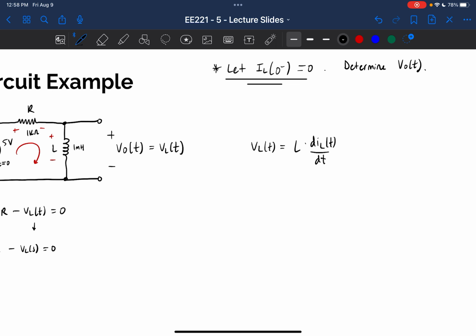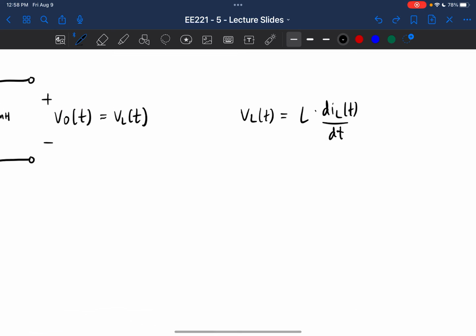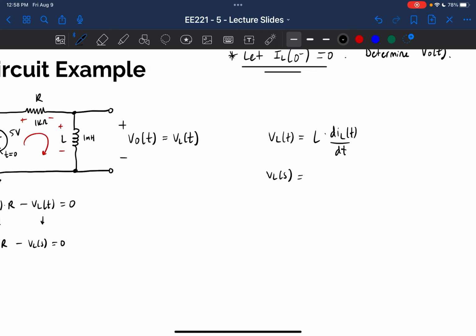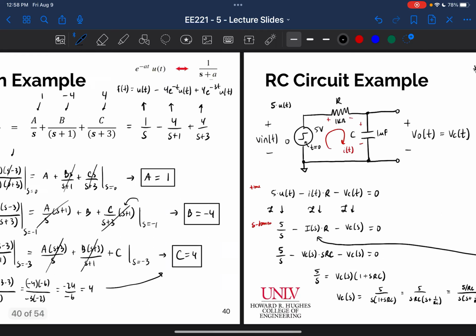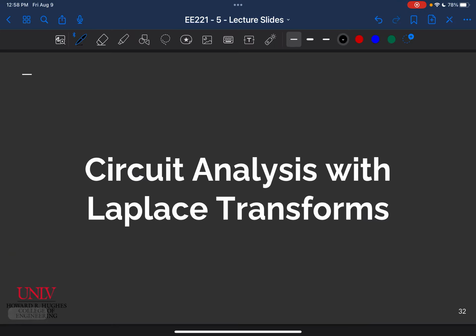And so by time differentiation, we can determine the S domain version, or the transform of this function here. I remember it, but in case you don't, I'm going to go back and grab it from the table.